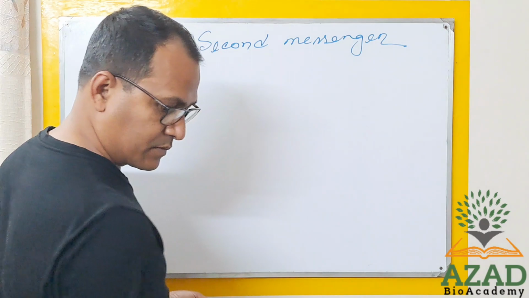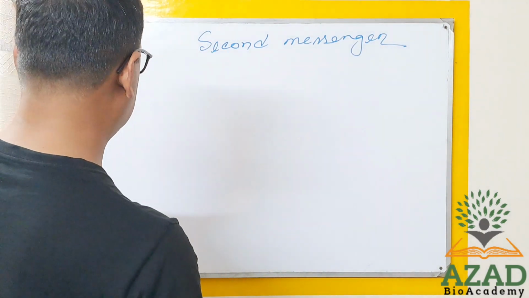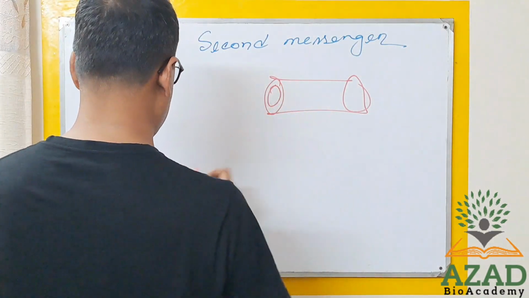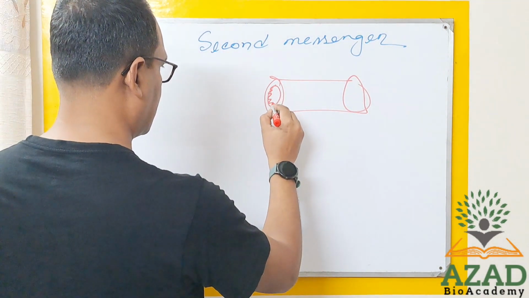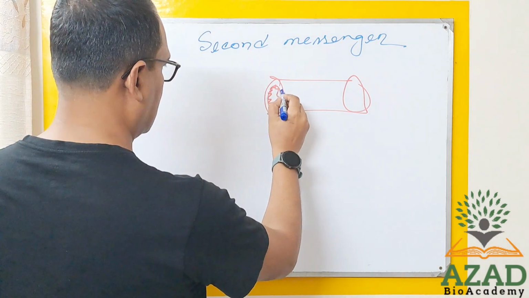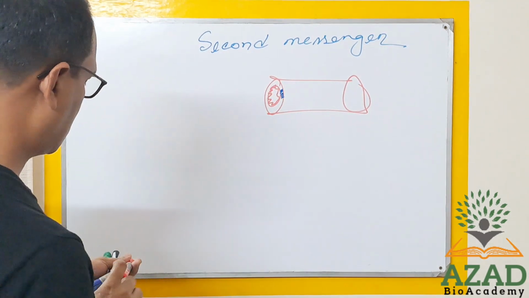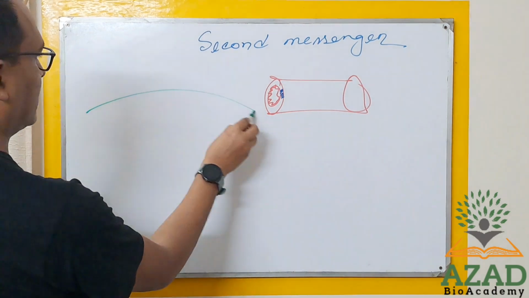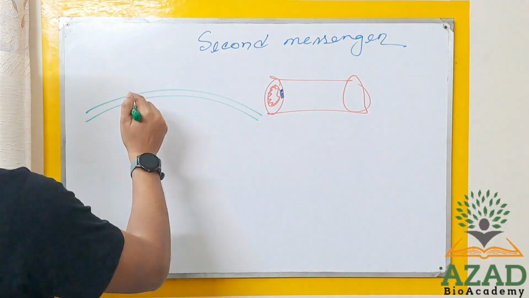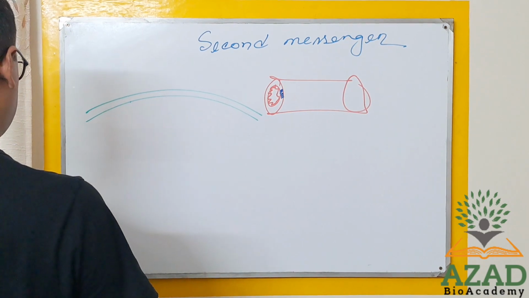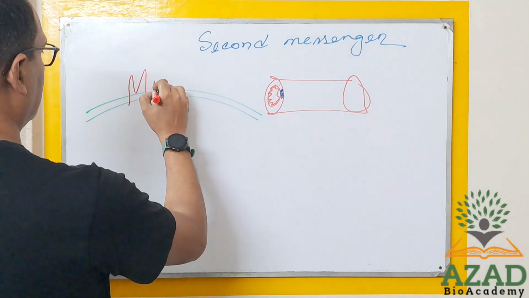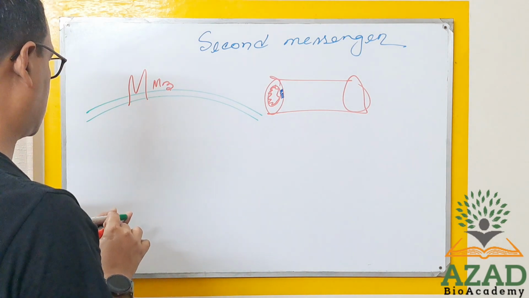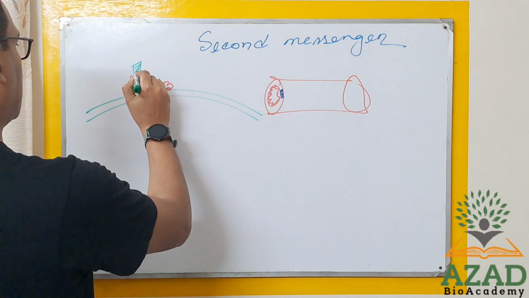Now, let me give you an example. Suppose this is your blood vessel, this is your endothelial layer, and this is your smooth muscle layer. In your blood vessel, this is the cell membrane, and it may carry a receptor, the M3 muscarinic receptor, to which acetylcholine will bind.